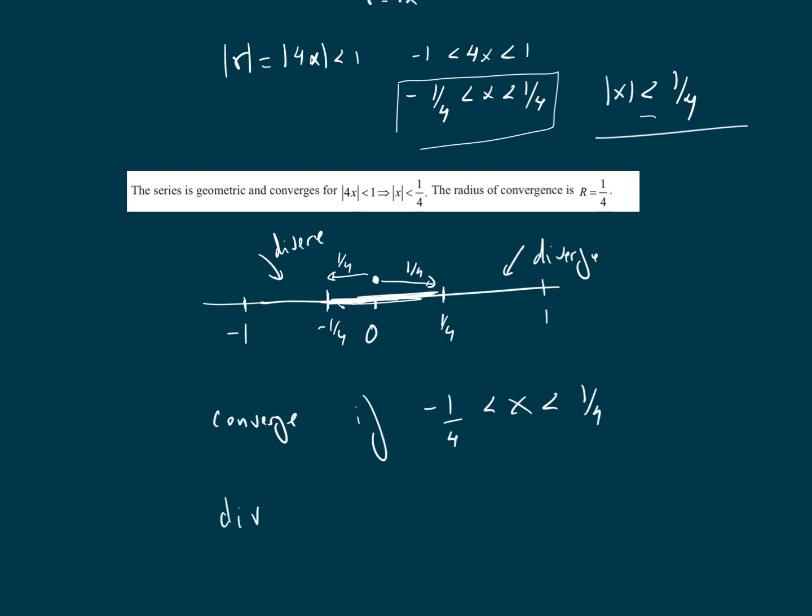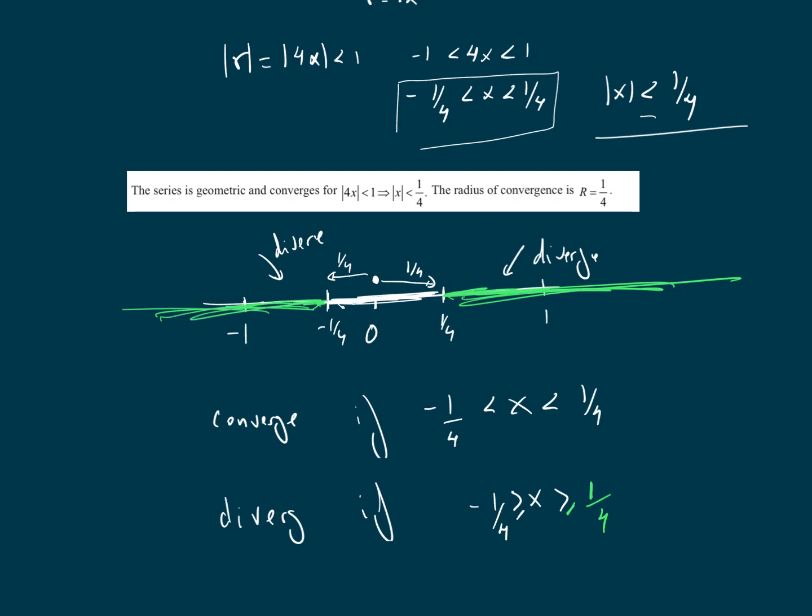And diverge if x is smaller than or equal to minus 1/4, this region, this one, or x is bigger than or equal to 1/4, so this one here. So diverge here and converge in the interval of convergence, this one.